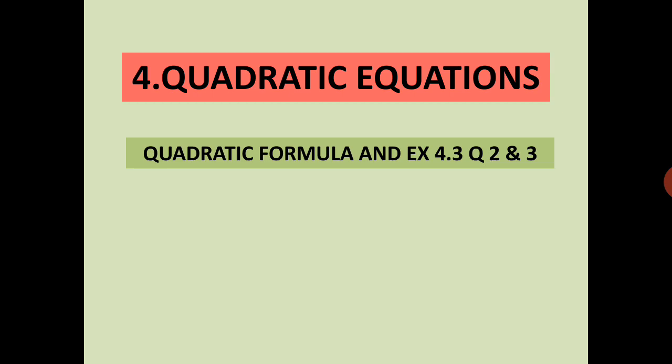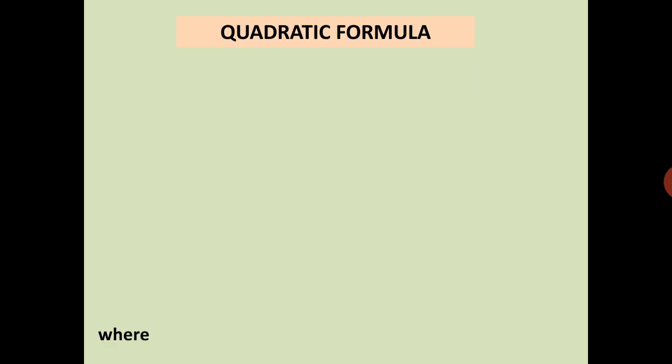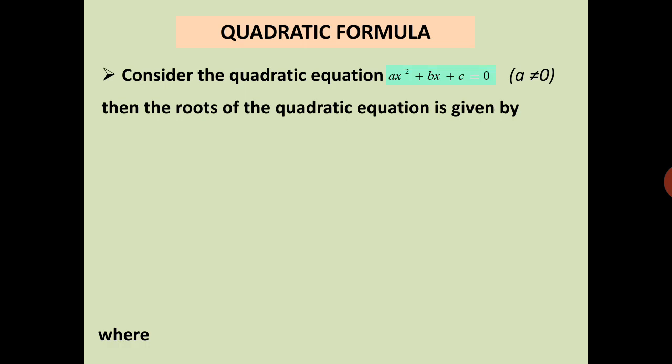We'll proceed with the example itself. Here, let me tell you what the quadratic formula is. Then we'll go on substituting and proceed with the solution part. Now, consider the quadratic equation ax square plus bx plus c equal to 0, a not equal to 0.